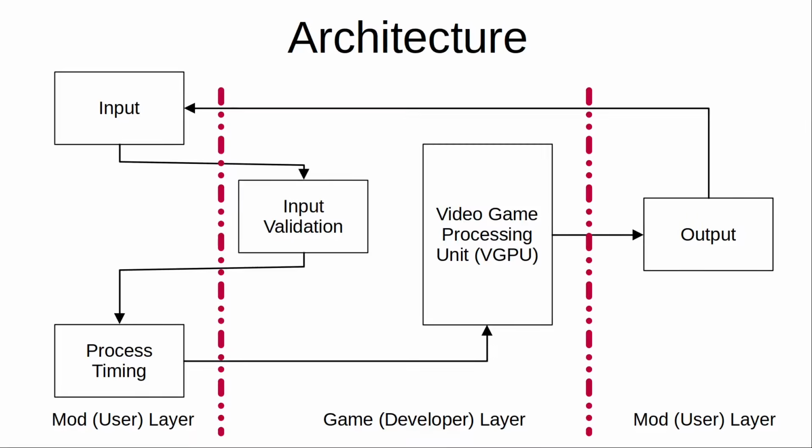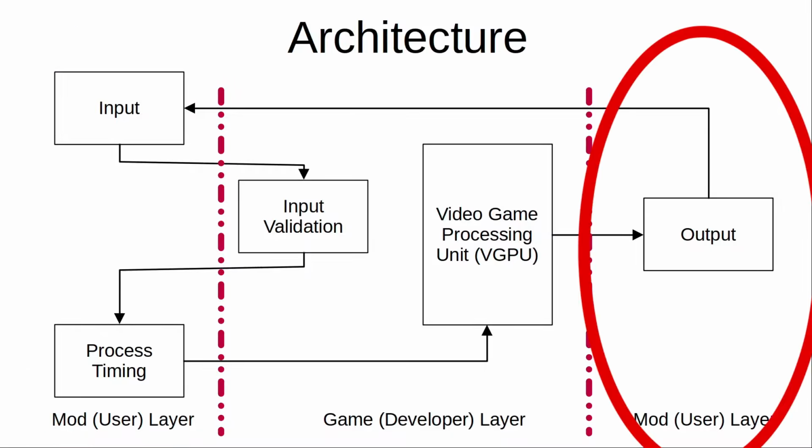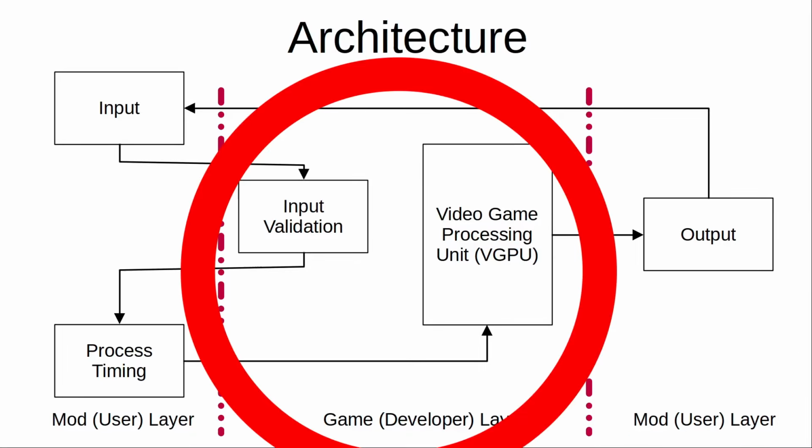So here is a general diagram, and it's split into 3 parts. We have the input mod user layer on the left. And on the right, we have the output mod user layer, which is just one component. It's just the output. And in the middle, we have the game developer layer, right?